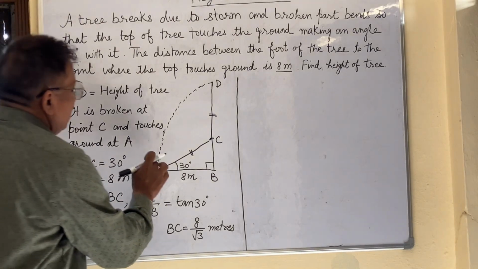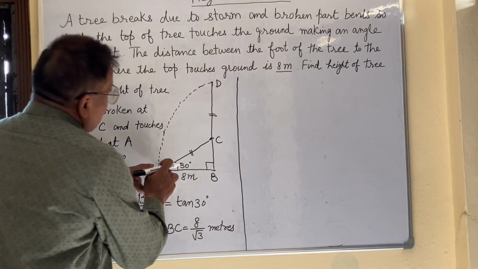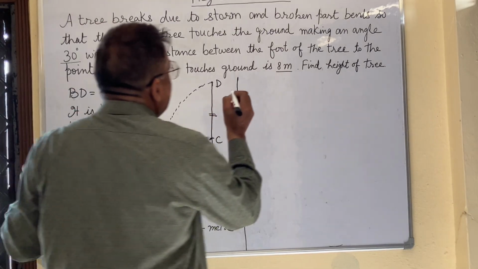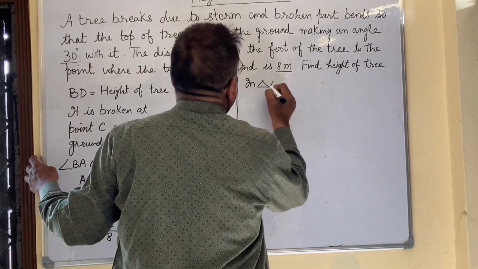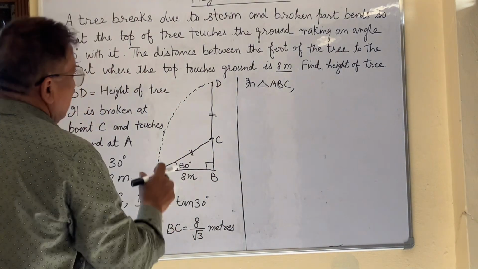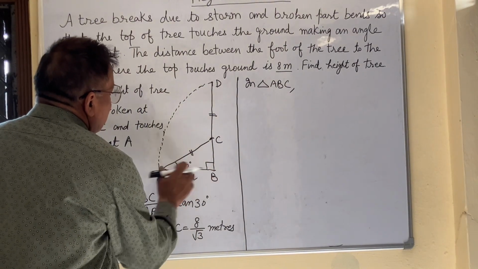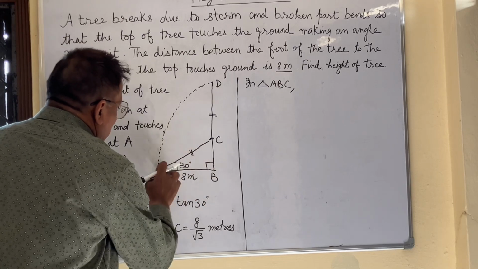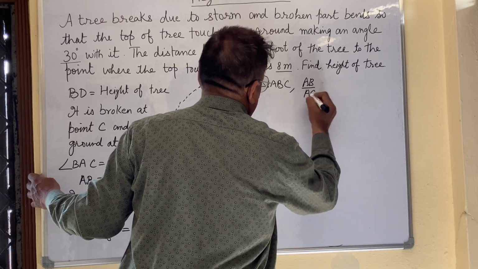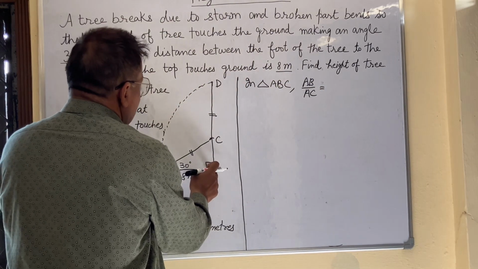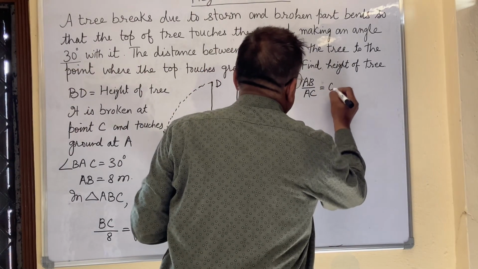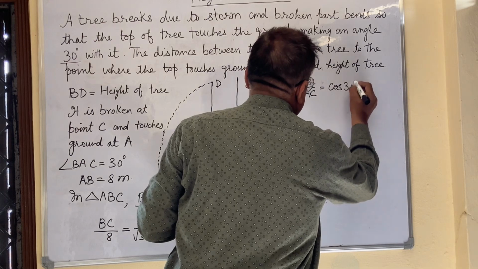Now we have to find AC also. Again in triangle ABC, we are given this part AB upon AC. It is base upon hypotenuse. It will be cos 30 degrees.